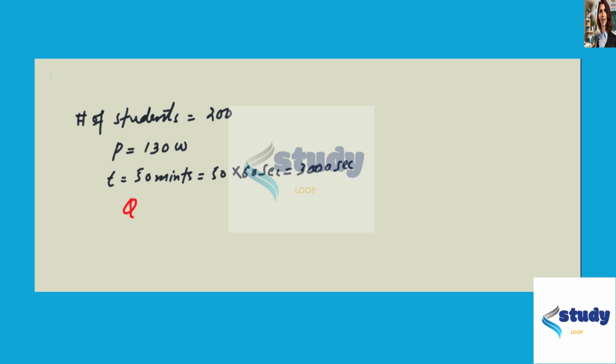relation Q equal to heat generated rate by each student into time of lecture into number of students. Here P, that is heat generated rate by each student, which is 130 watt, into time of lecture is 3000 second, into number of students is 200.